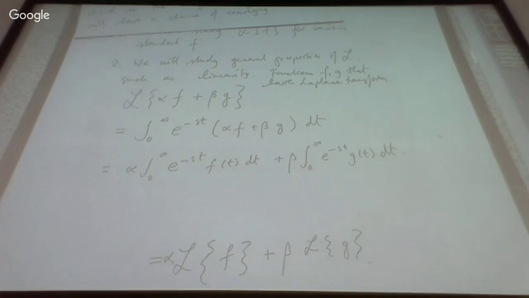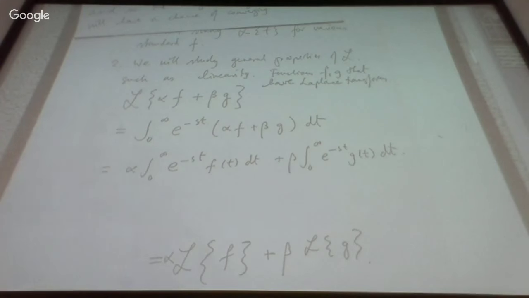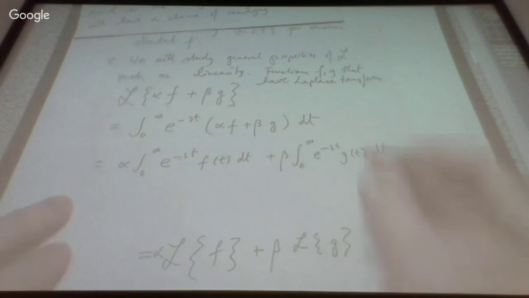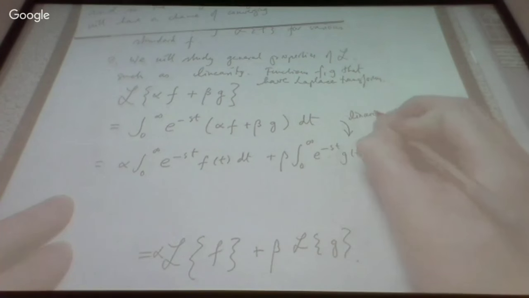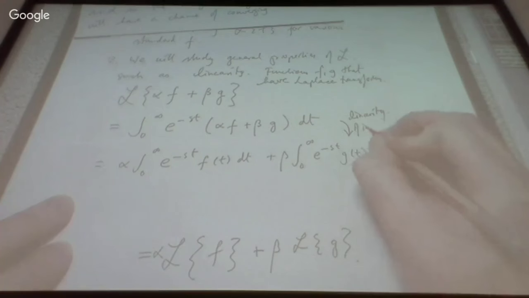I can split up the integrals like that, and then just by looking, beta times transform g. So even before we found out that any Laplace transforms exist at all, we haven't actually found any of these for any simple functions, you can see a nice property that the transform is going to have. So this step here is the linearity of integration.